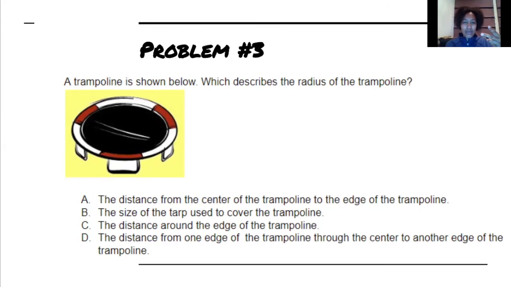That's the diameter. So let's go back. Letter A says the distance from the center of the trampoline to the edge. So that means it only touches it in one place. That's the radius. See if we're correct. And yes, letter A is the best answer choice.